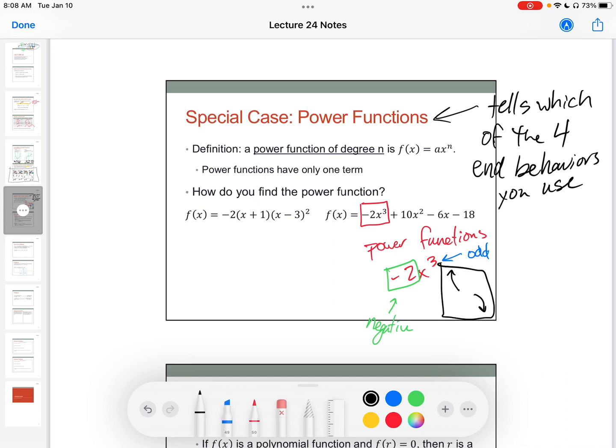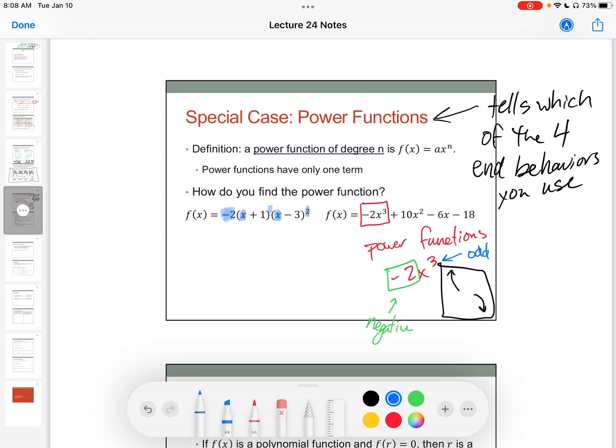Now, you also deal with some where the things are being multiplied together, which makes it a little bit more difficult. If you're trying to find the power function for this, you're just simply going to look for the first term on each of these. So I have a negative 2. I have an x, and that is an x to the first power. And I have an x squared.